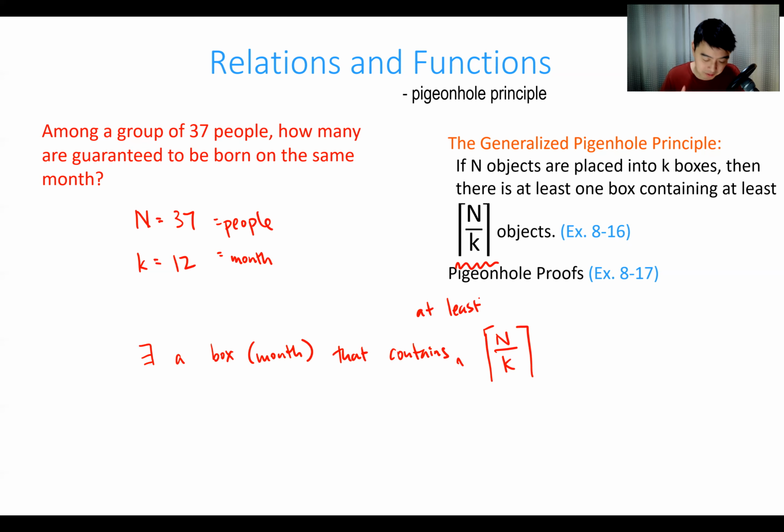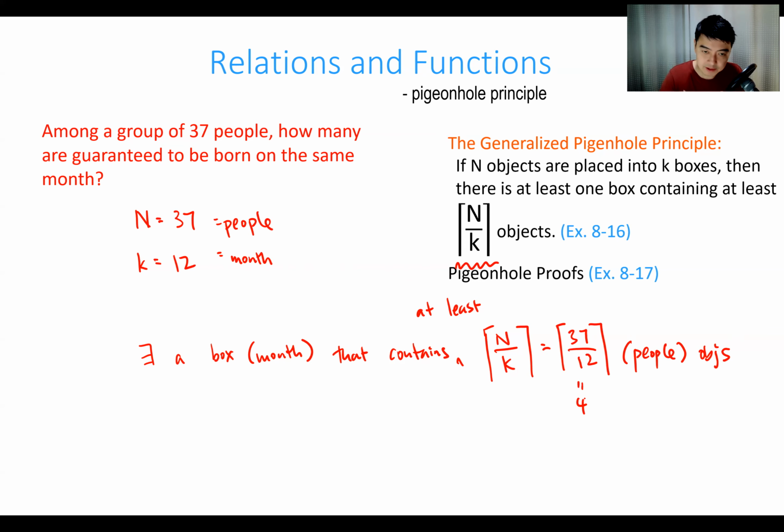Okay, so our n over k here is 37 over 12, which, with the ceiling, is equal to 4.